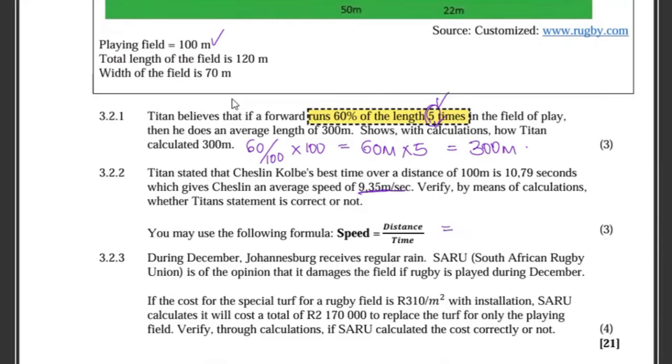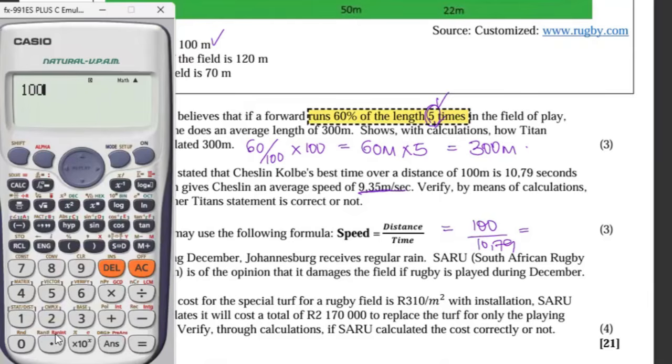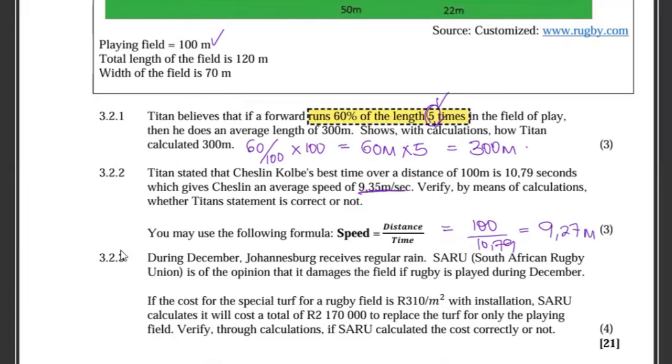So the distance covered is 100 divided by 10.79, showing. We pick our calculator here. 100 divided by 10.79. And the answer becomes what? The answer becomes 9.27 meters per second.